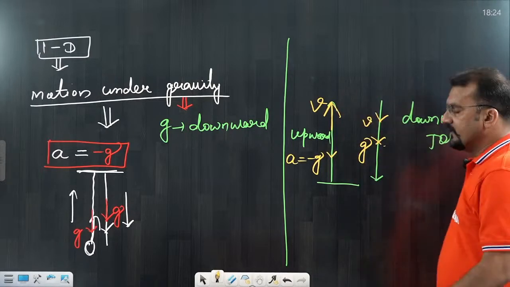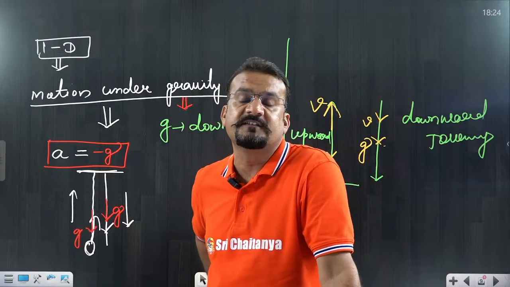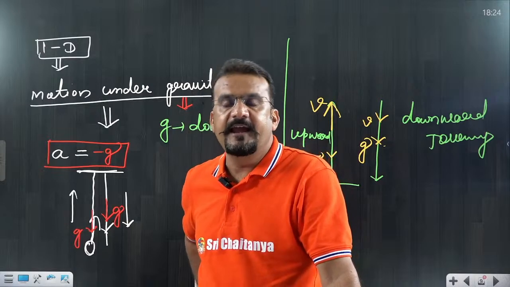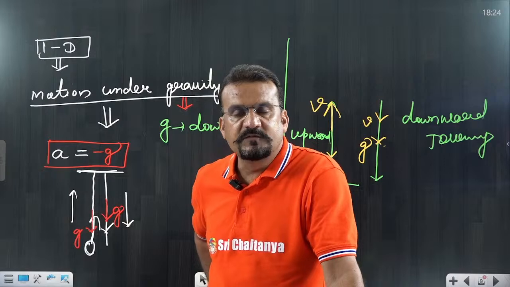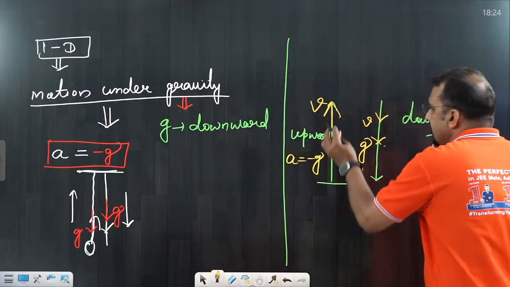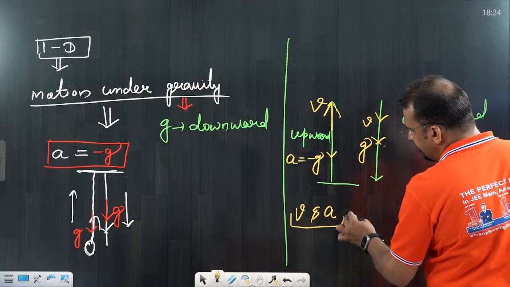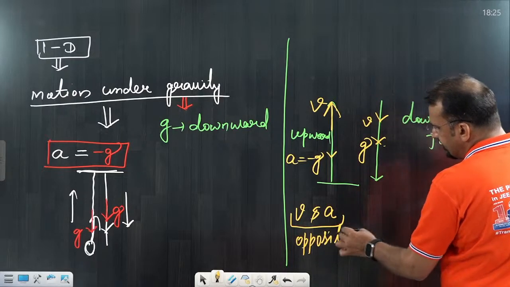That means the upward journey is retarded motion or accelerated motion? Yesterday I told you, whenever velocity and acceleration are in opposite directions, that motion is slowing down motion, retarded motion. That means v and a are in opposite directions.